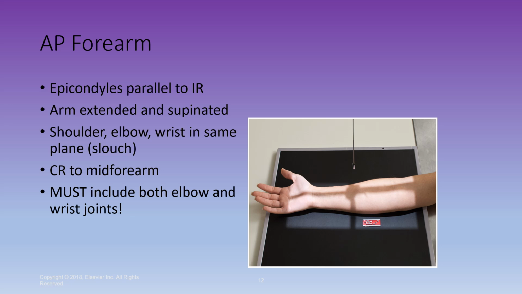Your central ray, this is probably the first time we haven't had a specific area, but a lot of the extremities, the central ray is mid-part. So it's mid-forearm, midway between the elbow and the wrist, in the middle of the forearm. Okay, so we'll collimate the lateral borders. Typically, you want your collimation to go just beyond the area of interest, and you have to make sure that you get at least 1.5 inches of the wrist and elbow joint on this image.